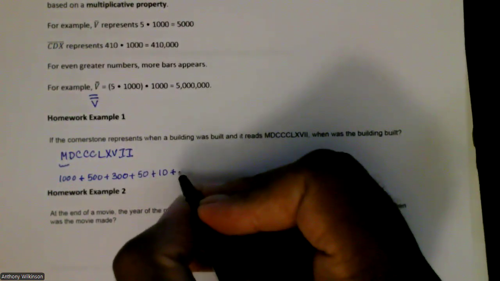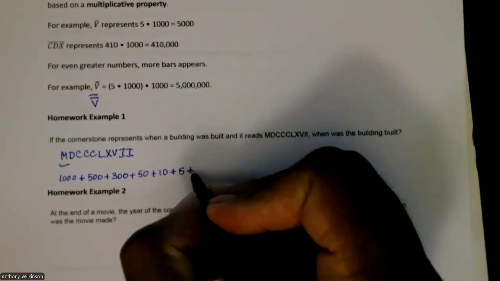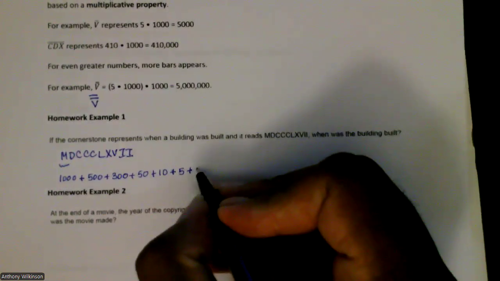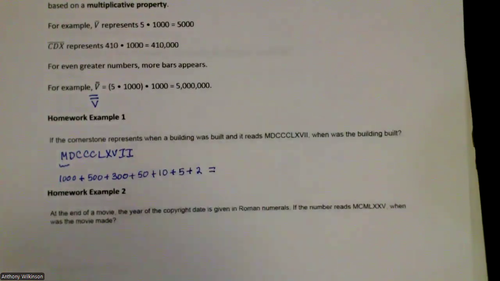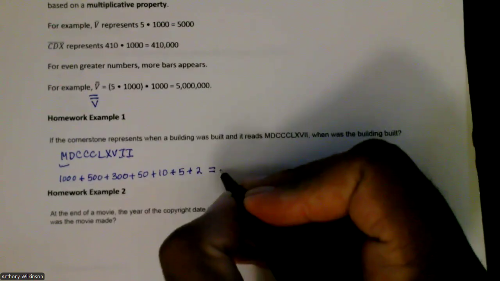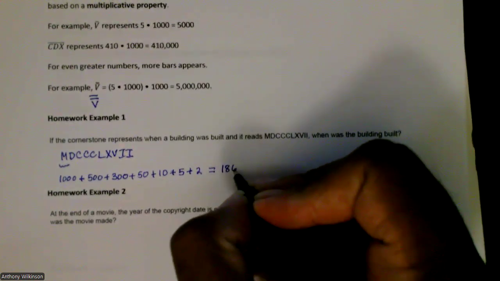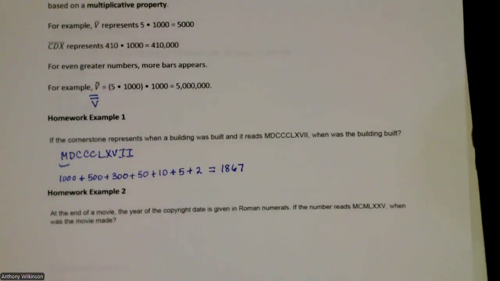Let's see, the V is a Roman numeral for 5, and each I is 1, so I got 1, 2. Now, if I add those numbers together, I should end up with 1,867. So in this case here, the building was built in the year 1867.